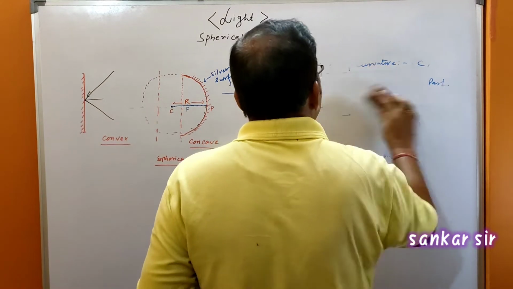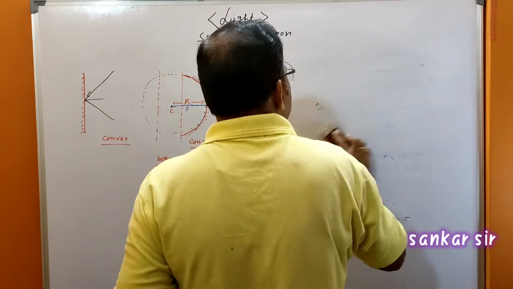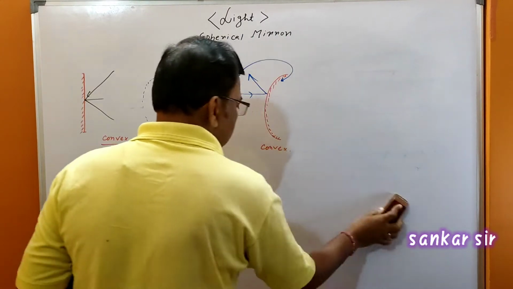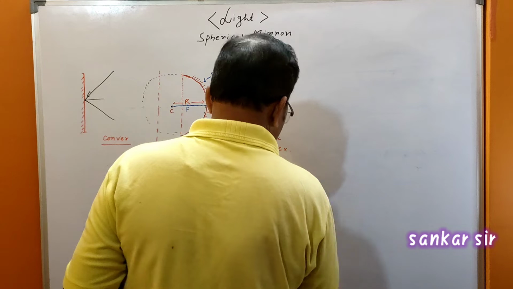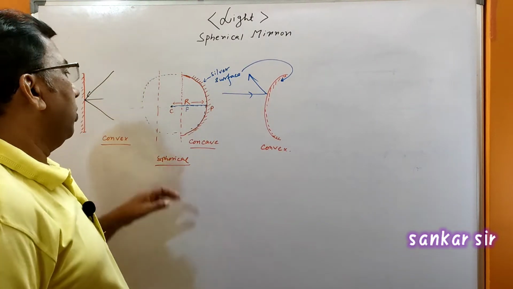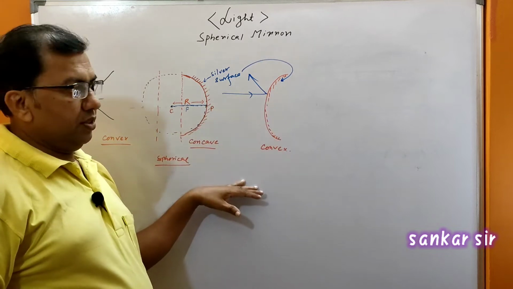Center of curvature, radius of curvature, aperture, focal length, focus or first focal length, optical center, all have been discussed.